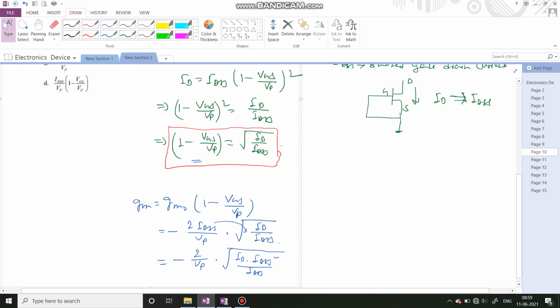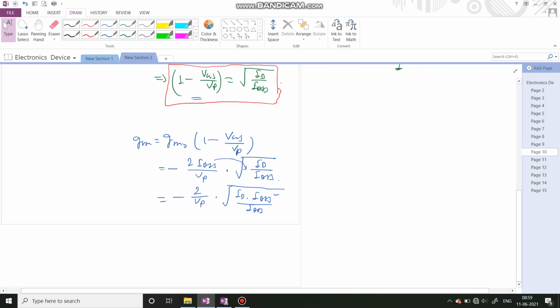Now this IDSS will be cancelled out here. We cancel out this IDSS with one of the squared ones, so we can write 2 by VP root over ID into IDSS.